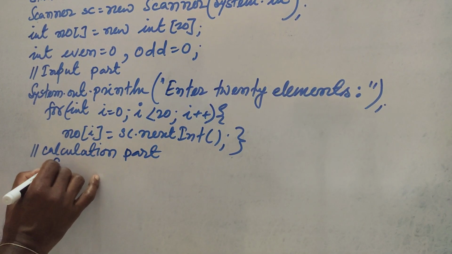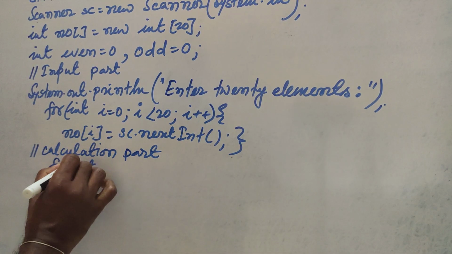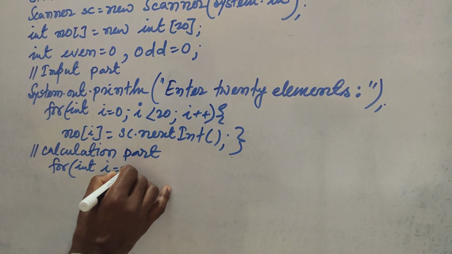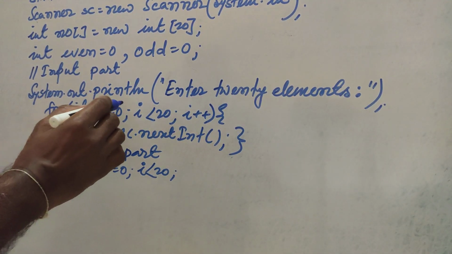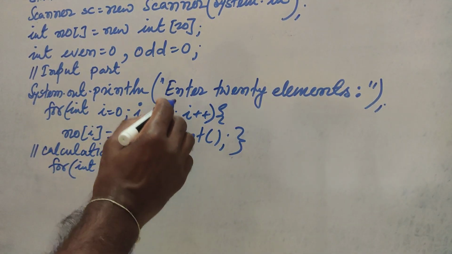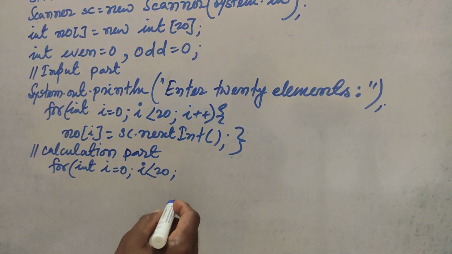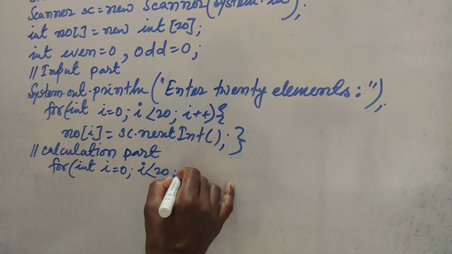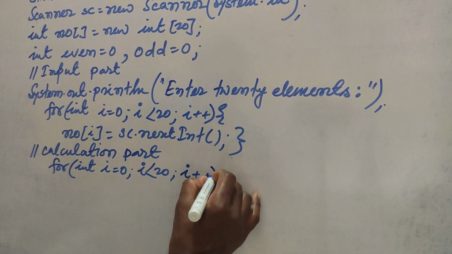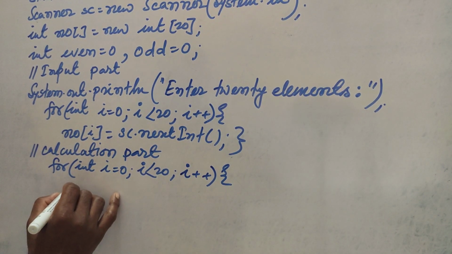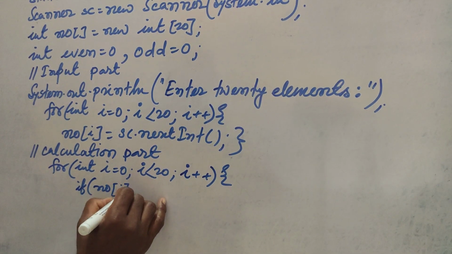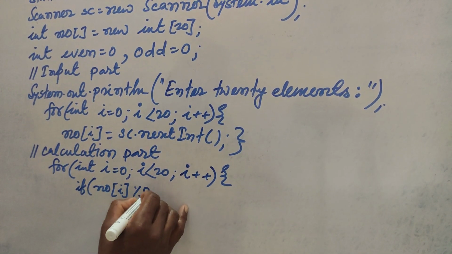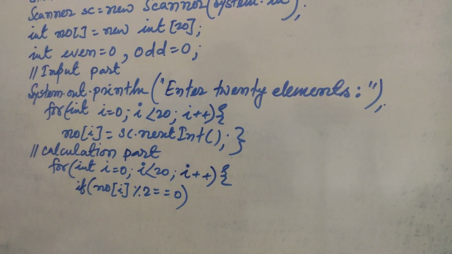Here again you have to give a loop: int i = 0; i < 20; i++. The first loop I gave was to input 20 numbers; the second is for calculations. Now, if number[i] % 2 == 0, you also know an even number means it is divisible by 2.